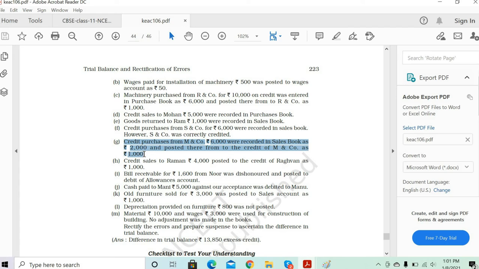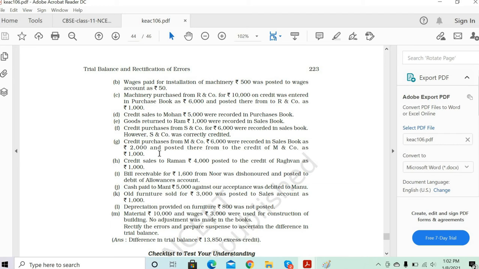Till now, any questions, any doubt, Anisha? Yes, so in C part, when they say machinery purchased from Rahul and Company for 10,000, the correct entry was machinery account debit to R and Company 10,000, right?